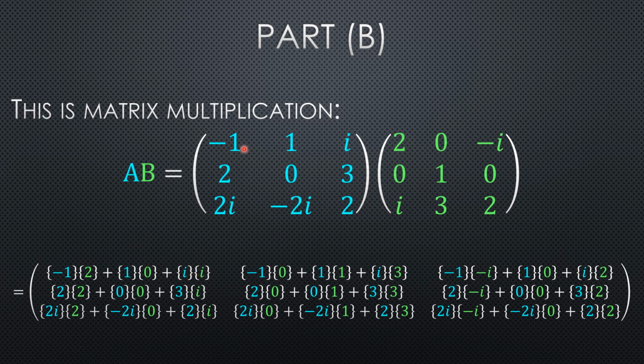Note that we have 1, negative 1, i, and so on for the first row of A, which gives us the first row of the resulting product. Now we have the first column of B, which is 2, 0, i. Then 0, 1, 3 is this column, and then negative i, 0, 2 here.